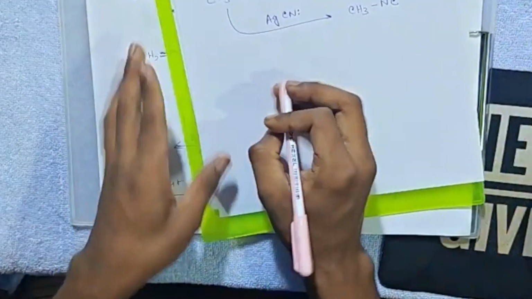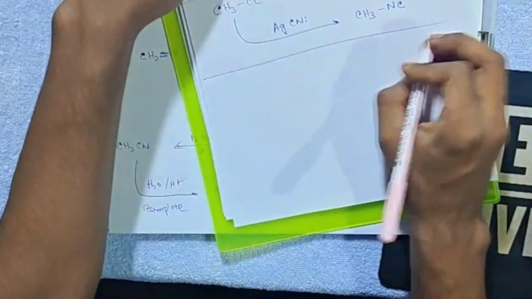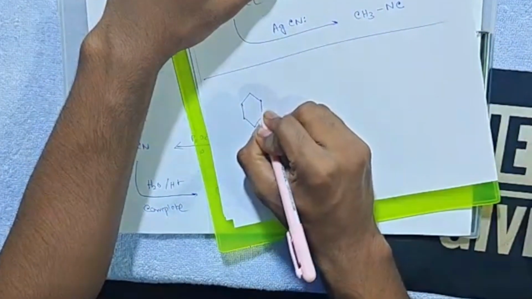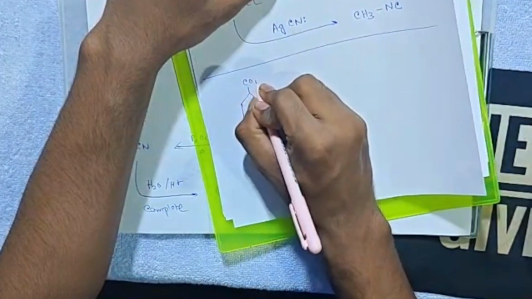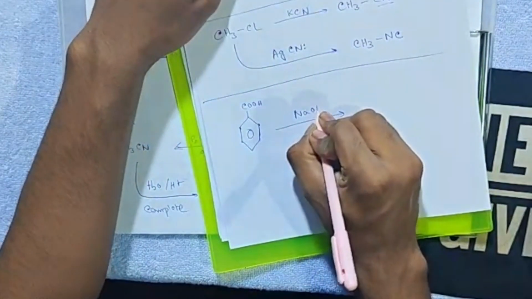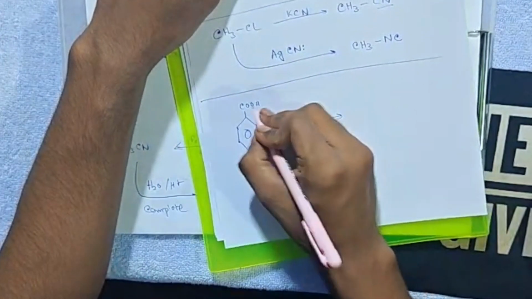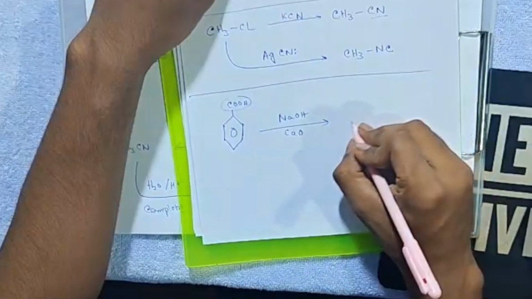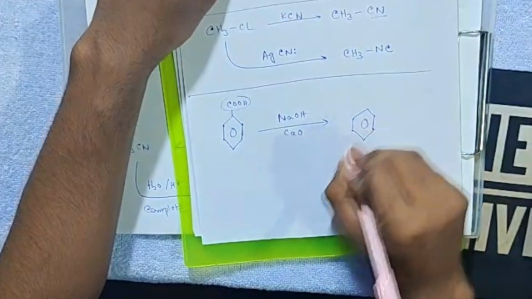For example, benzene is there, and here benzoic acid, with COOH. In this, if you are giving NaOH, CaO, just remove this group and attach H, and benzene will come. Okay.